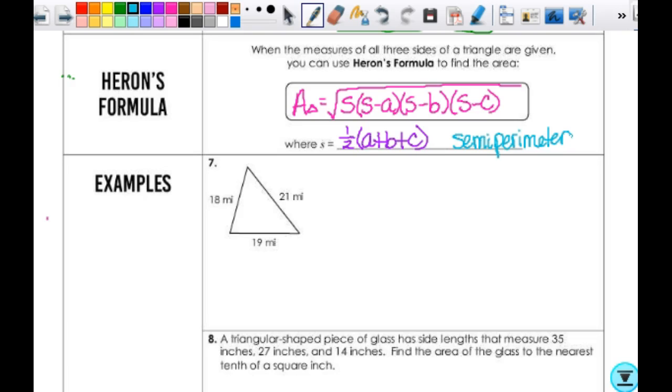Very easy to use. So if you have the 3 sides, yes, again, you could go through the law of cosines, find the angle, and then use the sine formula for that. Or we could just do it this way with Heron's Formula. So I have to start with the semi-perimeter. s is equal to 1/2 times (18 plus 21 plus 19).